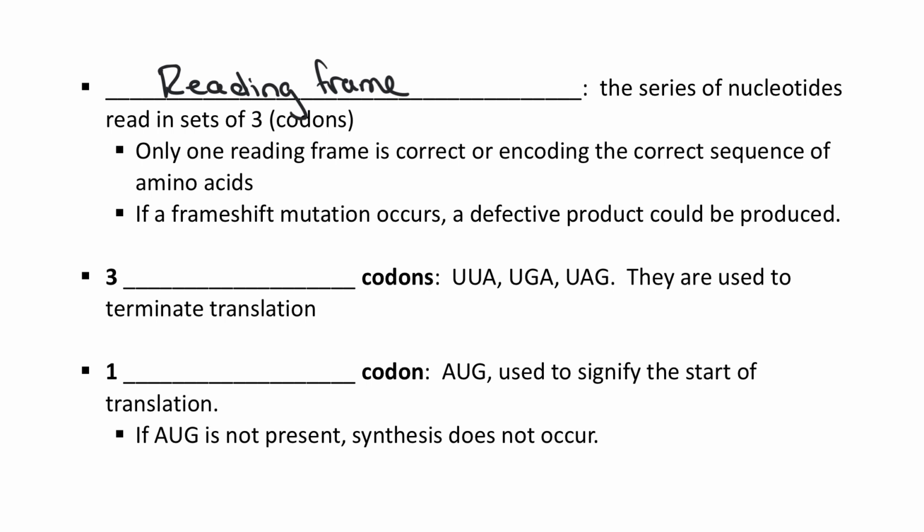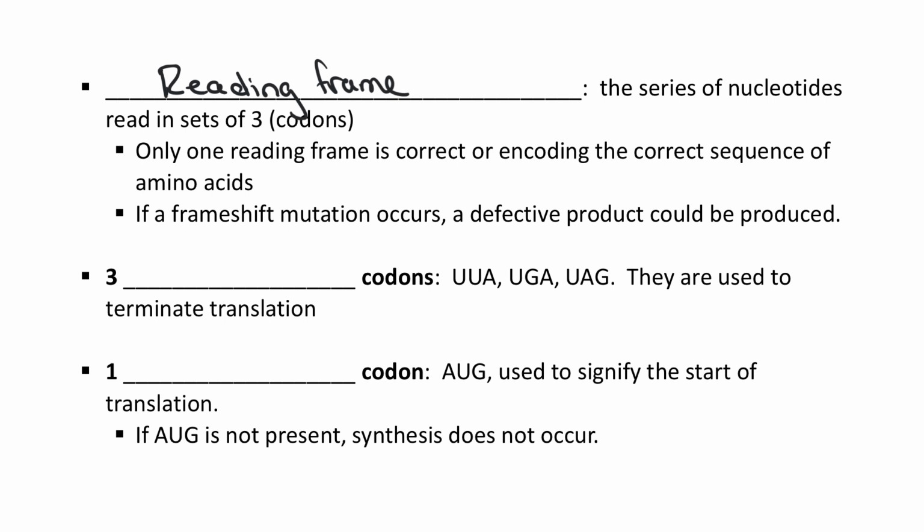There is only one reading frame that is correct for encoding the correct sequence of amino acids. And if a frame shift mutation occurs where the reading frame is shifted, then a defective product could be made, because then we're shifting the way we read the codons. So the codons have to be read a specific way, and if it shifts, it could make a defective product.